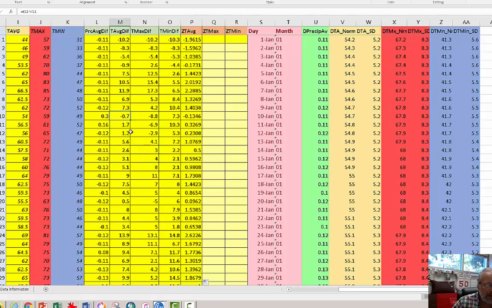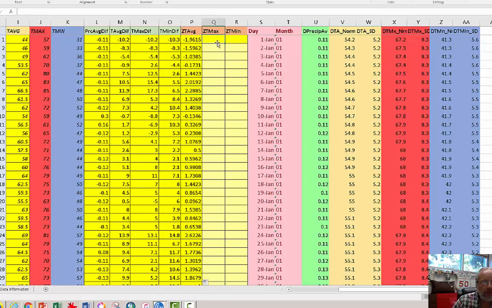Here's another one, just slightly colder, and the z-value is small, negative, but still small. There are other days that were much warmer than average. So this day the average temperature was 11 degrees warmer, and that's 2.2 standard deviations above normal, and that would mark that day as unusually warm.